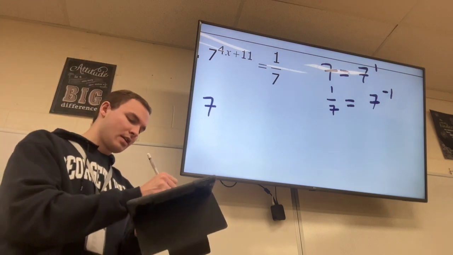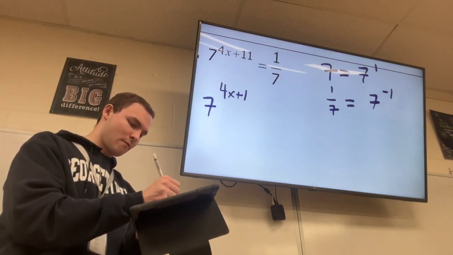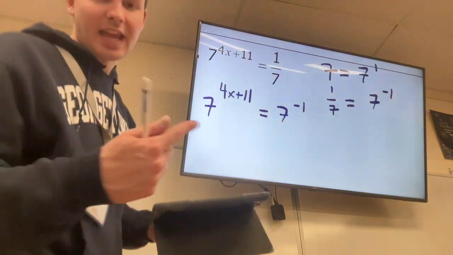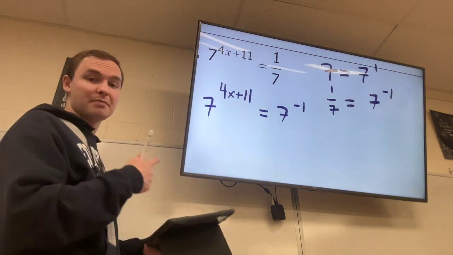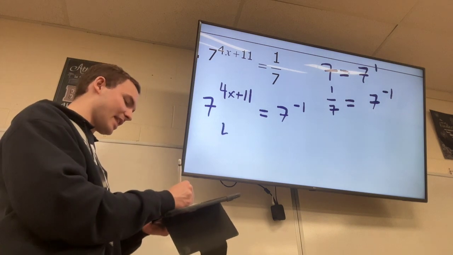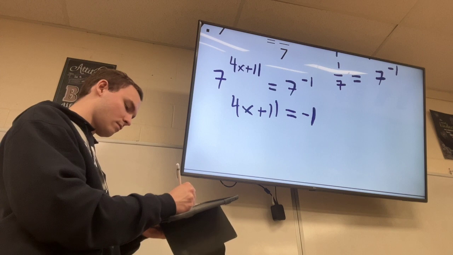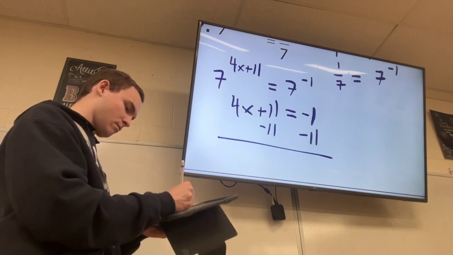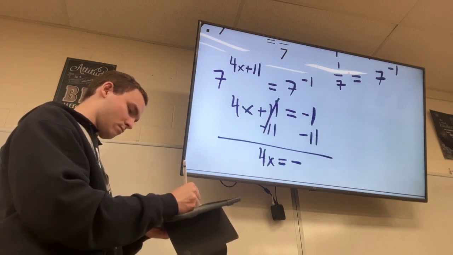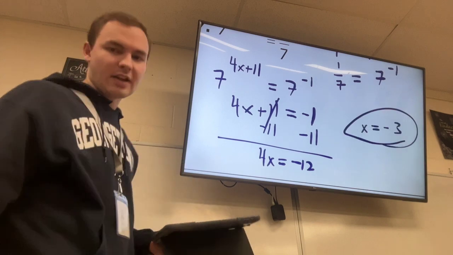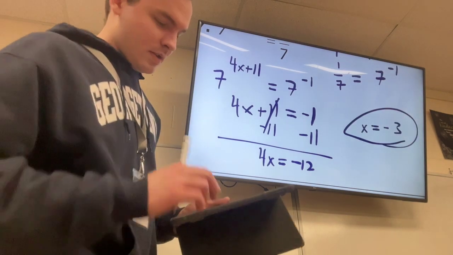So I have 7 to the 4x plus 11 equals 7 to the negative 1. Now my bases are both 7, and I can just set the exponents equal to each other. There you go.